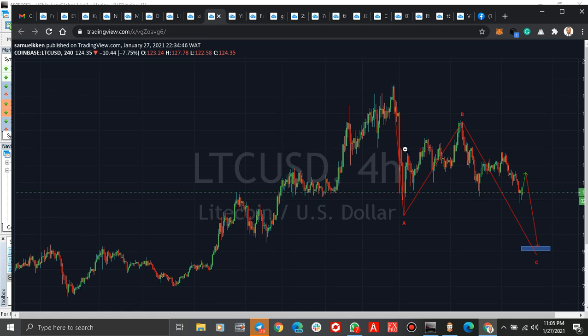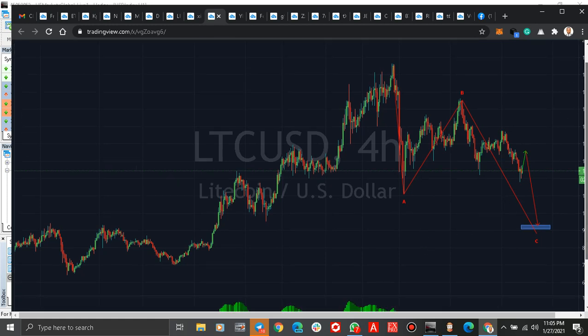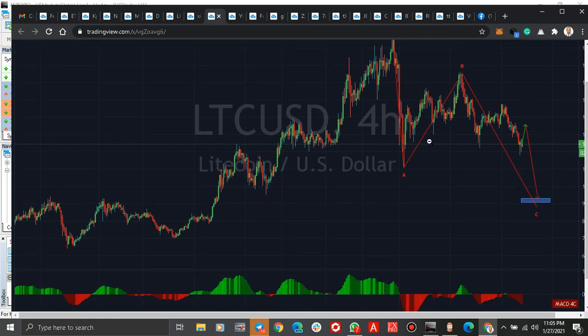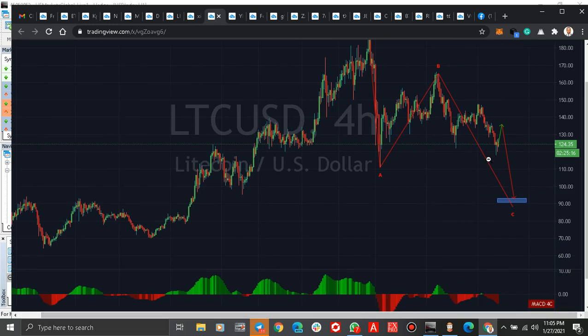Okay, so just like the Bitcoin, Litecoin is going down. So we have gotten the first wave, the second wave, the third wave is what we are waiting for. When the market comes down here, we will begin to watch whether we will start to buy or if it will decline further.